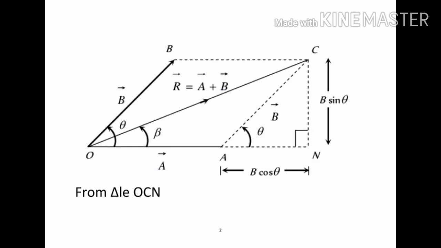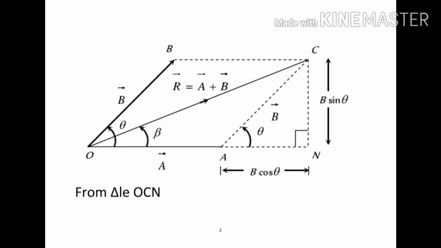To find the magnitude of the resultant of the two vectors and the angle made by the resultant with the first vector, first we look at the diagram.